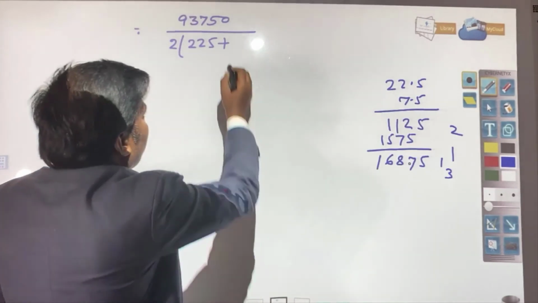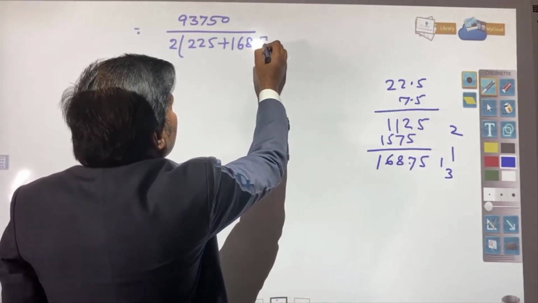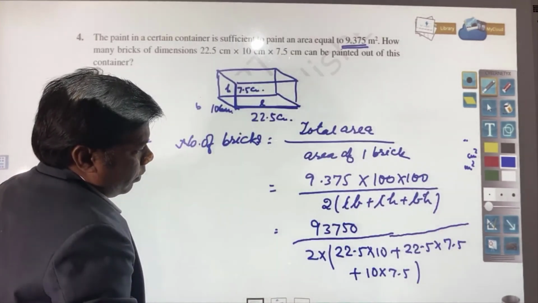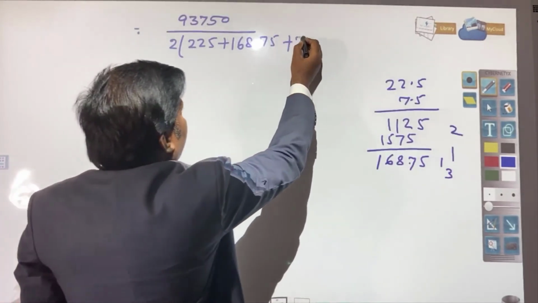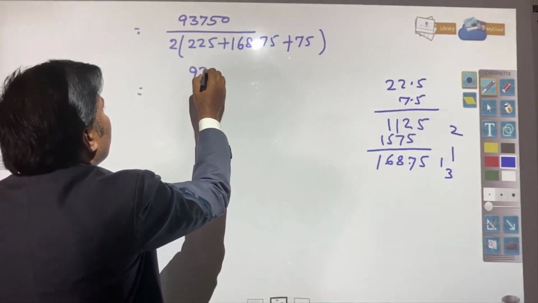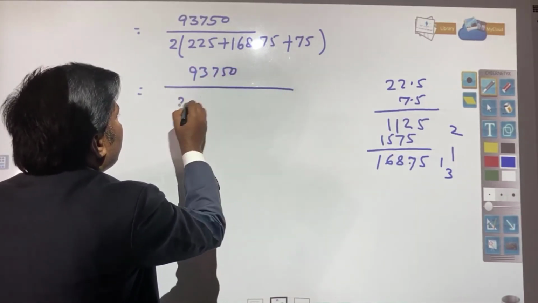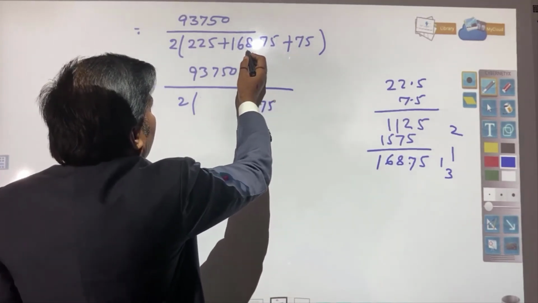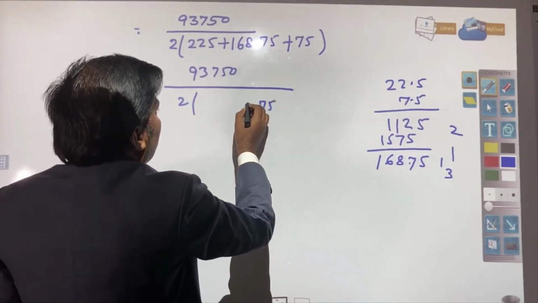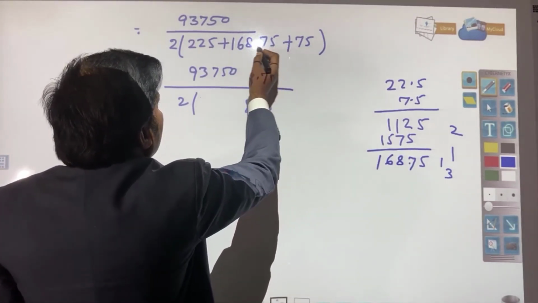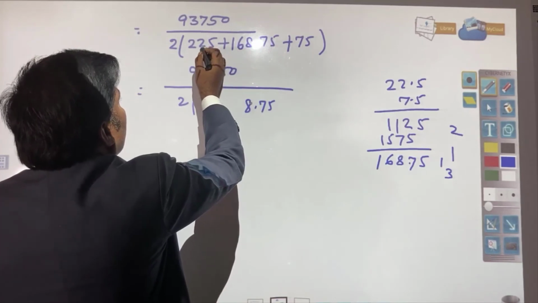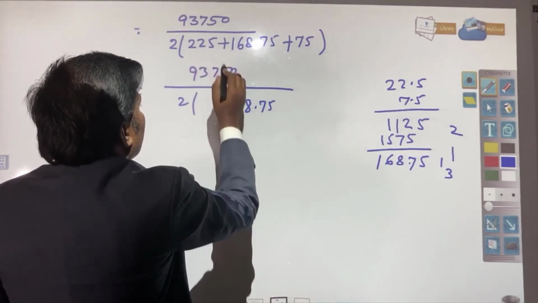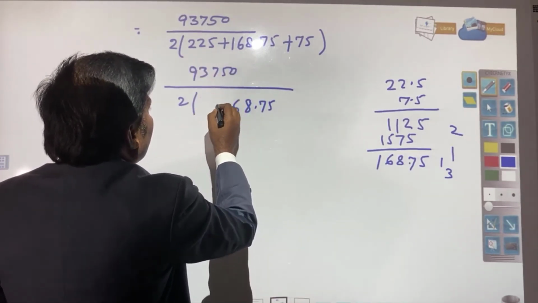So here the decimal you will be having is 168.75, plus we have 7.5 into 10 means 75. So 93750 divided by 2 into this is required to be added. 0.75 you have, 5 and 8 13 and 5 18, and so on.